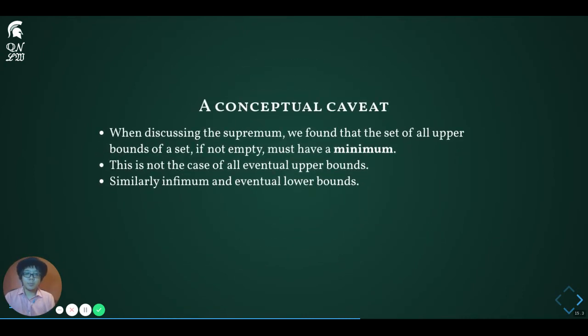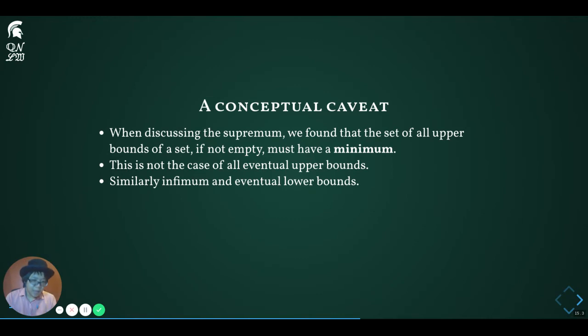Here is a very important conceptual caveat. When we talk about the supremum of a set, we found that the set of all upper bounds of a given set, when non-empty, must have a minimum. We then set the minimum value to be the supremum of a set. We see that this is not the case for lim sup.